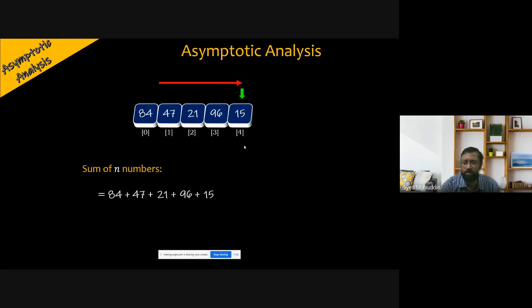Now, what do you think will be the best case here? See, in searching, if the key we are trying to find is the first element, then we found it at the first instance and there is no need to search all the other elements. That's the best case. But what about the best case in this scenario, an algorithm to sum n numbers?